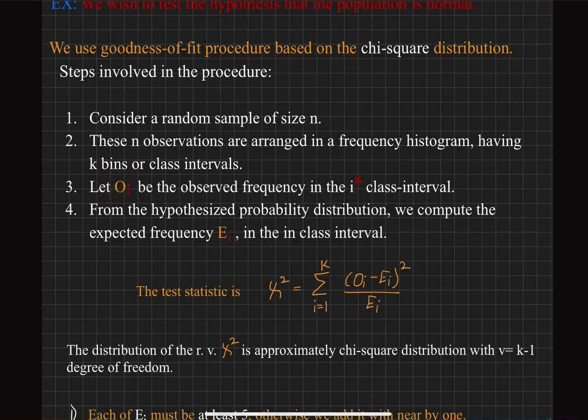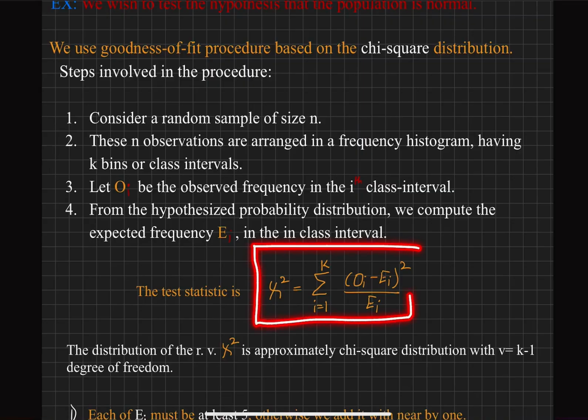And as we make an assumption about the underlying distribution, we can use it to get an expected frequency value, E_i. So once we have the obtained and expected frequency values, we will calculate a value.